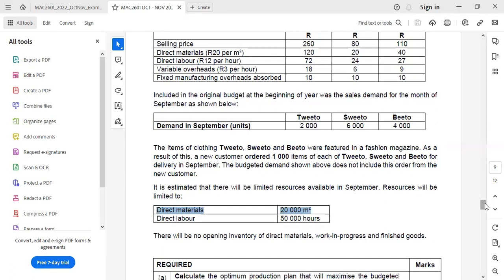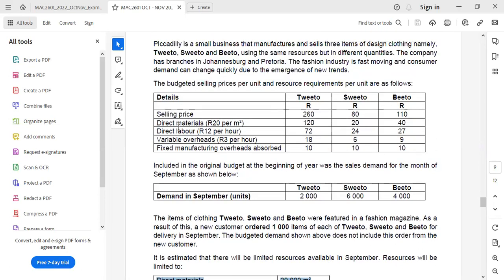So normally, if I'm in exam scenario, I would definitely know that my direct labor is okay. Right. My direct labor. Let's find the hours required per unit. We know that it is 12 per hour, and if Twito requires 72 rand of labor, to get the number of hours, we can simply say 72 divided by 12. Right.